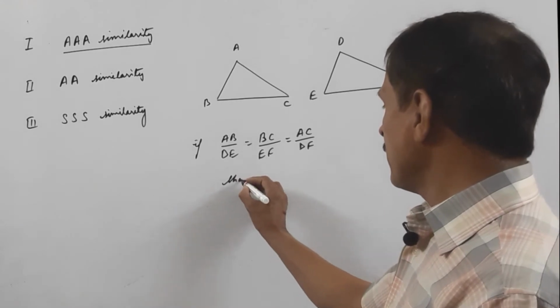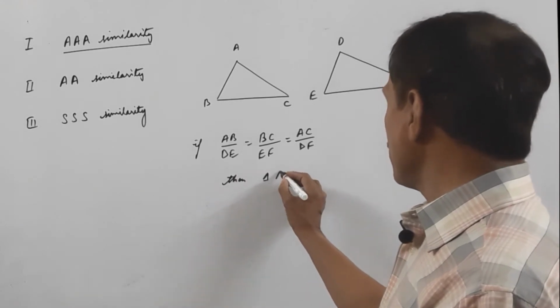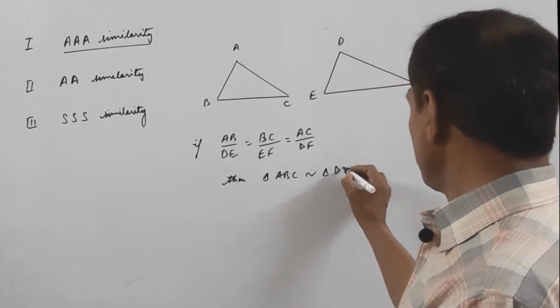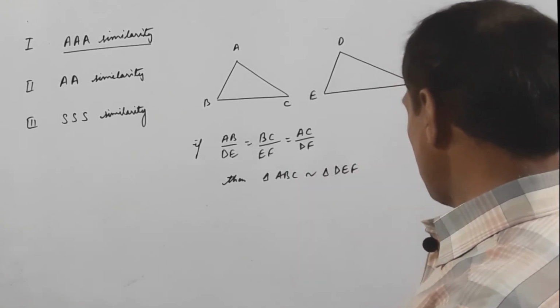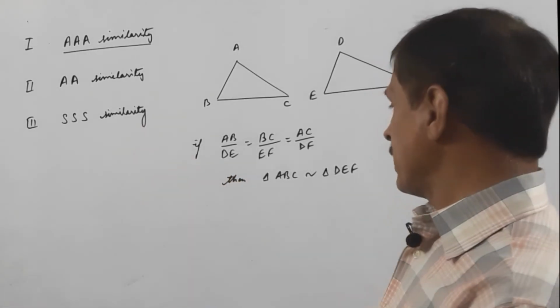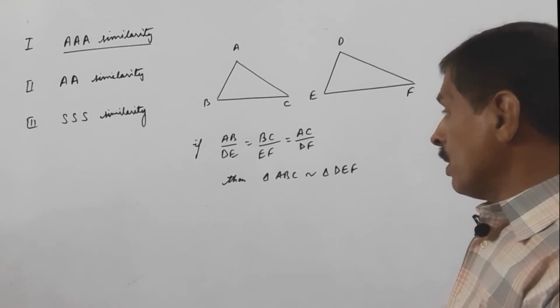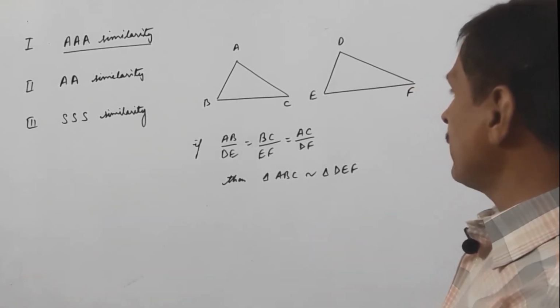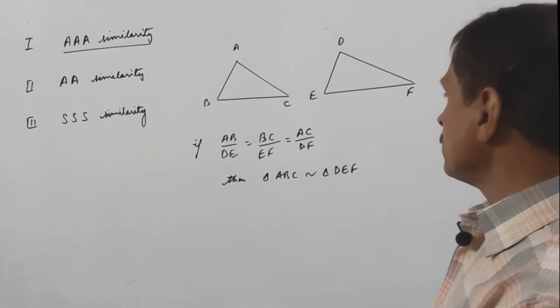Then triangle ABC is similar to triangle DEF by SSS similarity. Here again a care is required while naming the similar triangles.